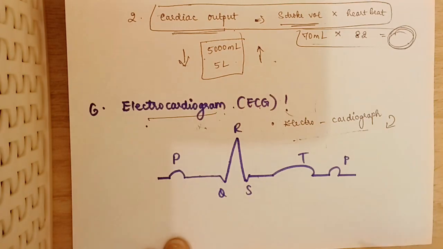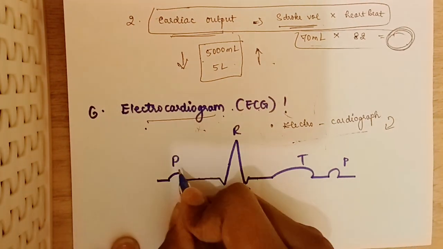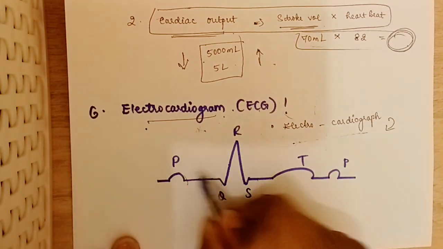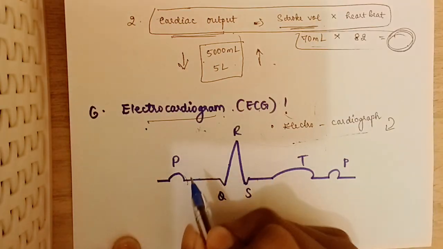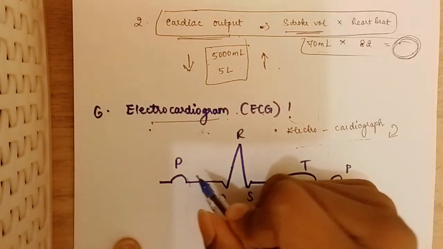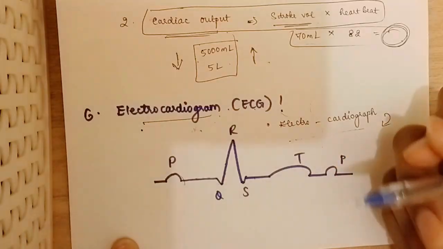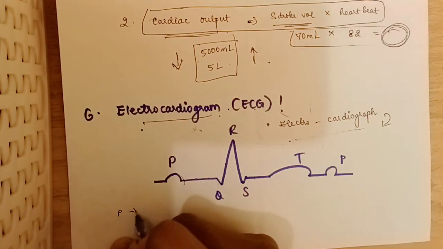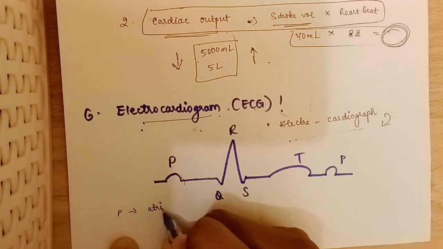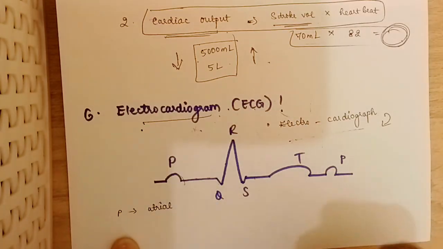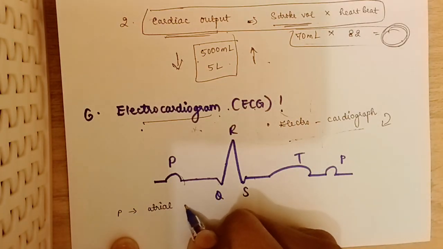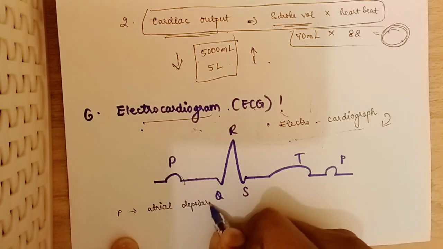So how do you represent them? The P wave is the electrical excitation of the atria, or the P wave is atrial excitation. So atrial depolarization.